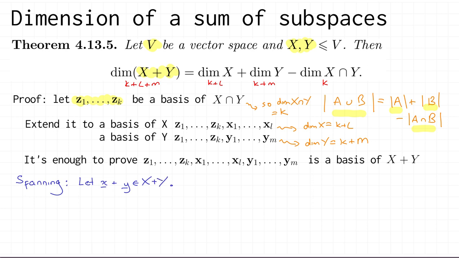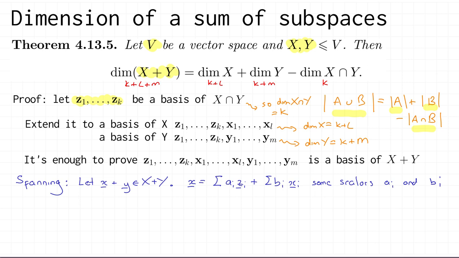Here I'm assuming little x is an element of big X and little y is an element of big Y. So x can be written as a linear combination of our basis for X. It's going to be a sum of ai zi plus a sum of bi xi, for some scalars ai and bi.